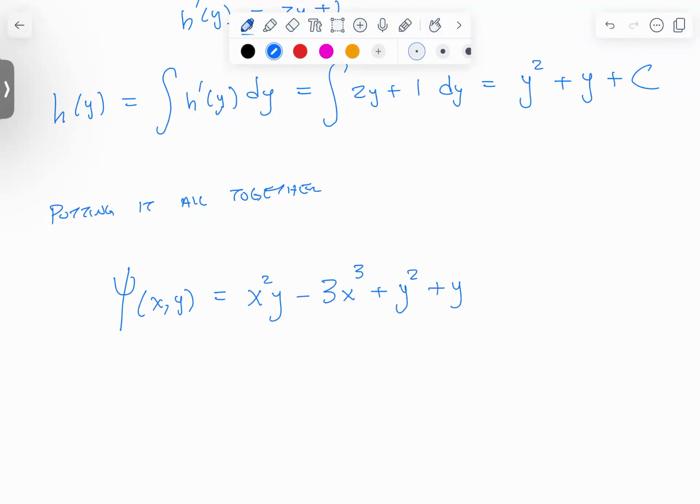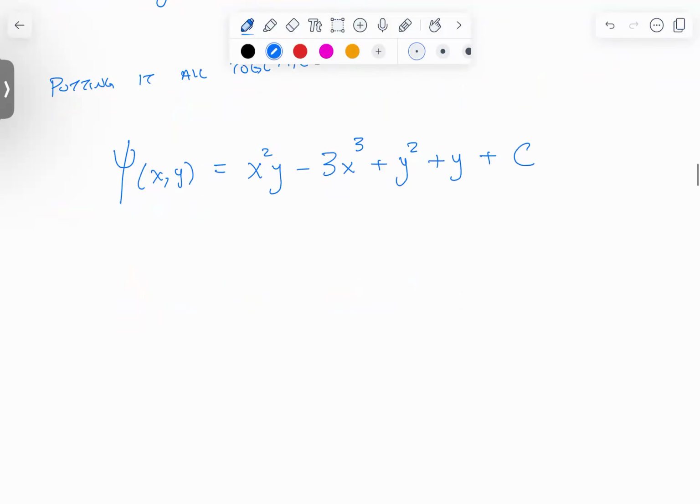So putting it all together, we end up with psi equals x squared y minus 3x cubed. Those are the pieces we got from above. Then h of y, plus c. Now, here's the weird thing. Once again, psi is a means to an end. So it's not actually plus c. This whole thing equals c.